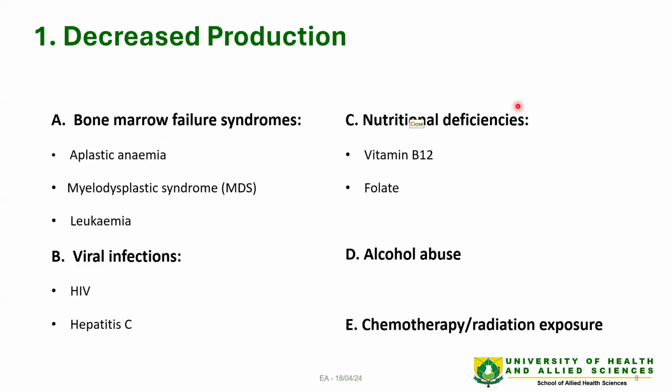So when it comes to decreased production, a number of things can be responsible for that. So the first is bone marrow failure syndromes. So these are syndromes or conditions that result in suppression of production of platelets. And examples include aplastic anemia. So in aplastic anemia, all the other blood cell lines are affected as well.